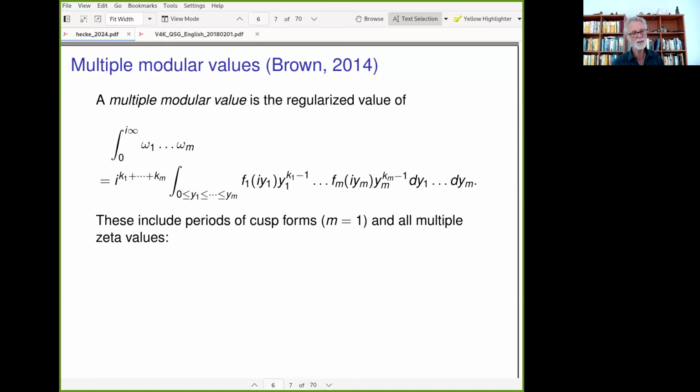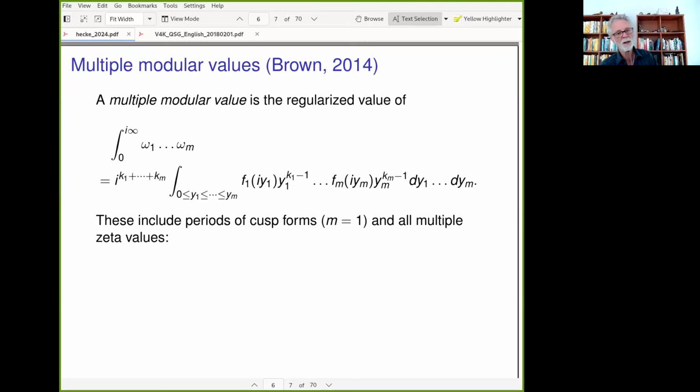But another way to say it is, if you think about an integral from some point to a point in the q-disk that's not the origin, where the origin corresponds to i infinity, then you'll find that this integral is really a polynomial in log q, where the coefficients are holomorphic functions on the disk of q.